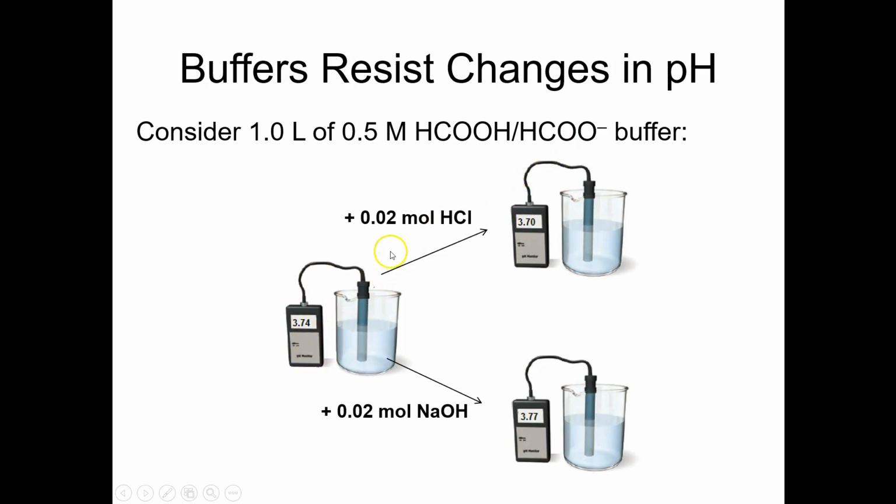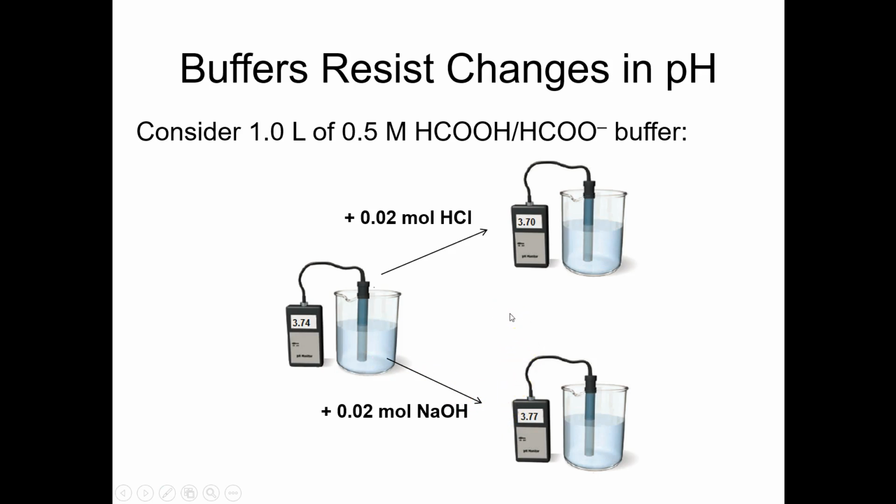If I add 0.02 moles of HCl, the pH is going to go down, but it's not going to go down by 5 log units like it did with the pure water. It only goes down from 3.74 to 3.70. And if I add 0.02 moles of sodium hydroxide to that, again, the pH will go up, but rather than going up by more than 5 log units, it's only going to go up from 3.74 to 3.77.